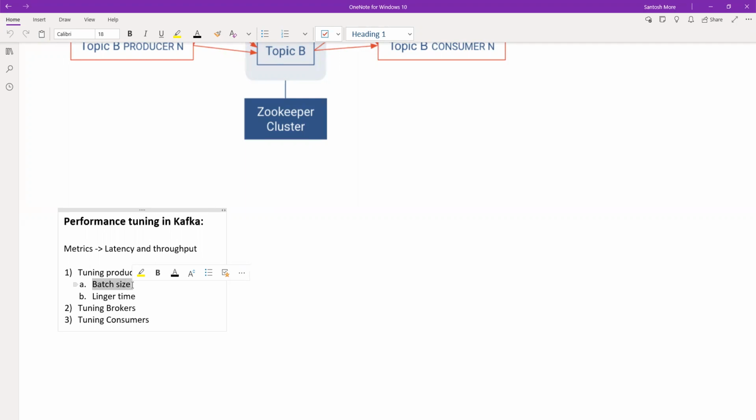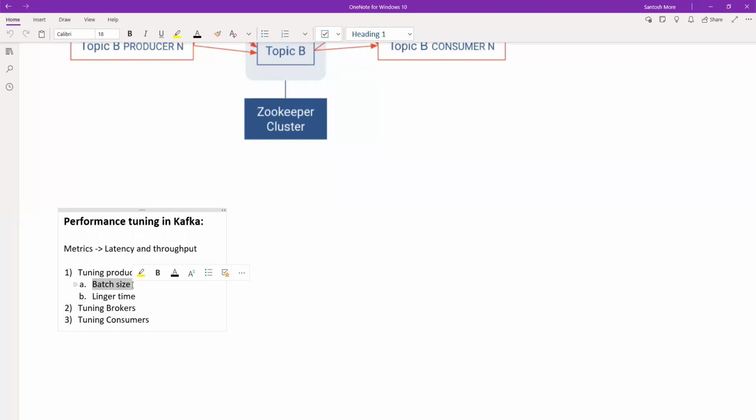The batch size is the number of messages you accumulate at a time in a batch, and then we send it to the broker or the topic or the partition. If we have a huge batch size, it is good for the throughput, right? We wait for all the messages to be collected and then send based on the batch size, so the throughput is very high.